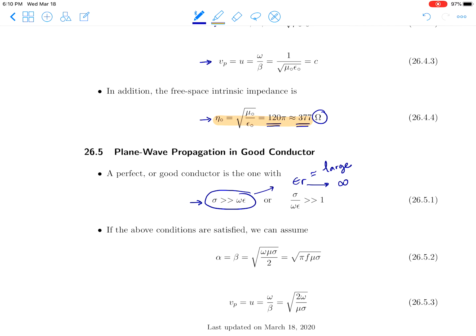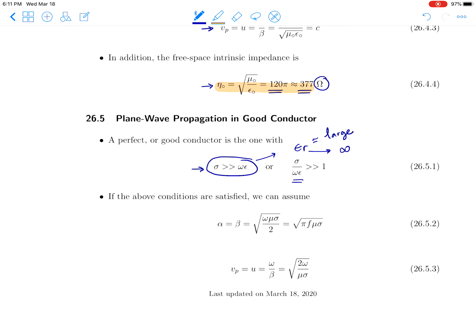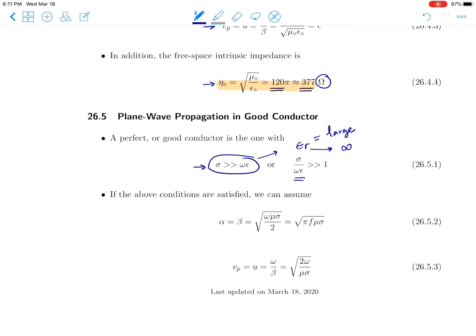This condition is equivalent to the ratio of the conductivity over the angular frequency multiplied by the permittivity being much greater than 1.